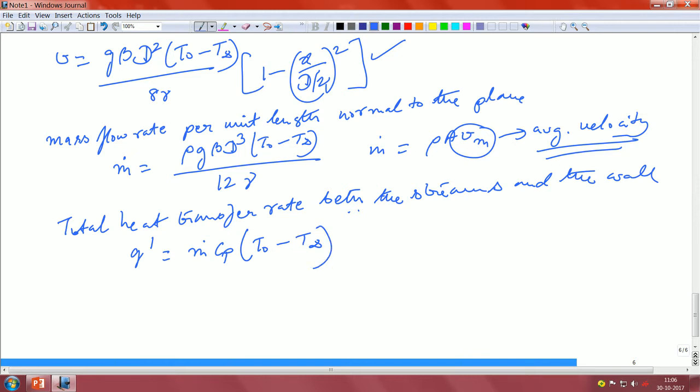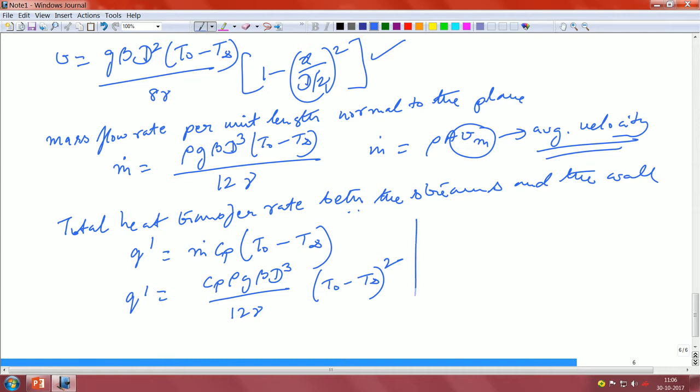So, in other words, q prime therefore becomes, because we already evaluated your m dot for u, Cp rho g beta d cube divided by 12 gamma times (T naught minus T infinity) square, right. Already there was a T naught minus T infinity in the m dot term. So, it is basically square of the two.